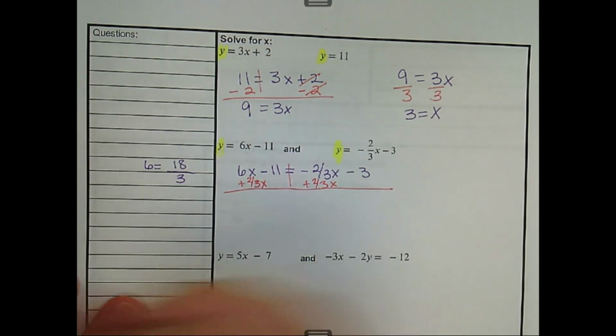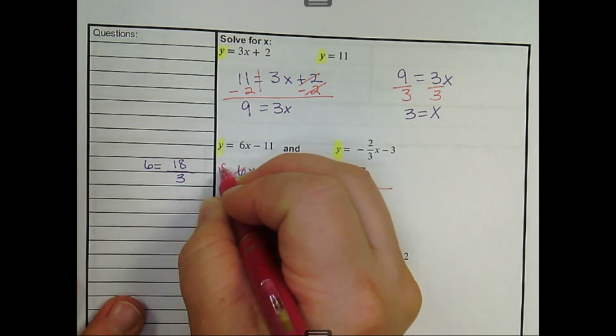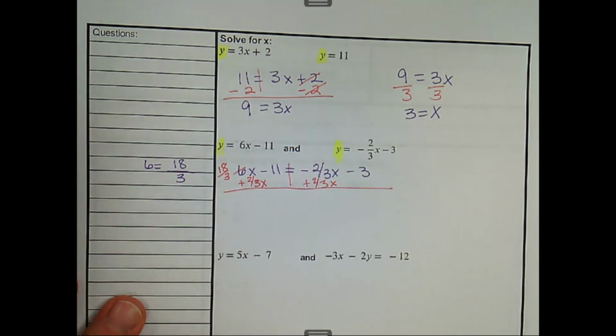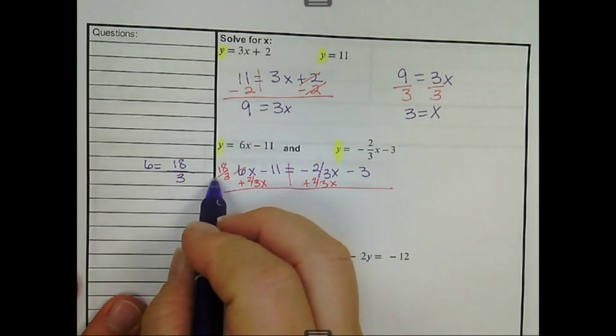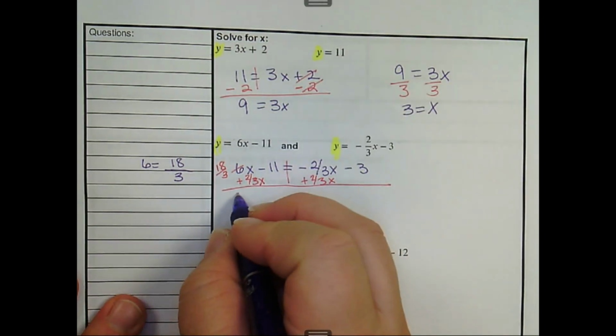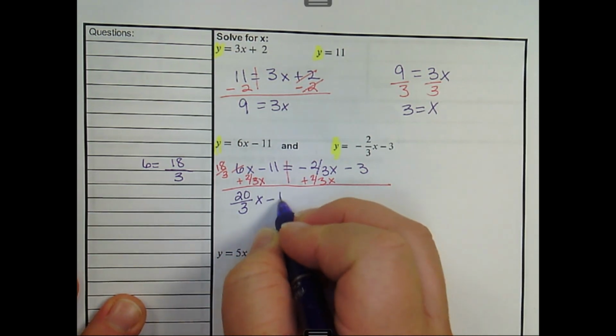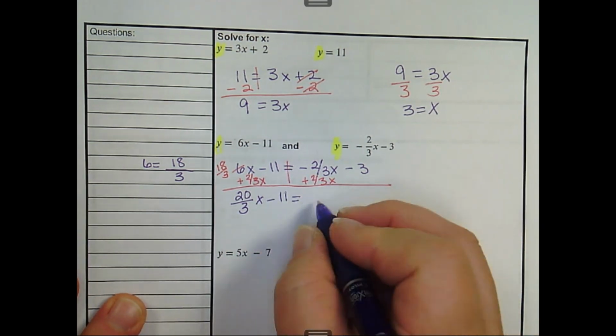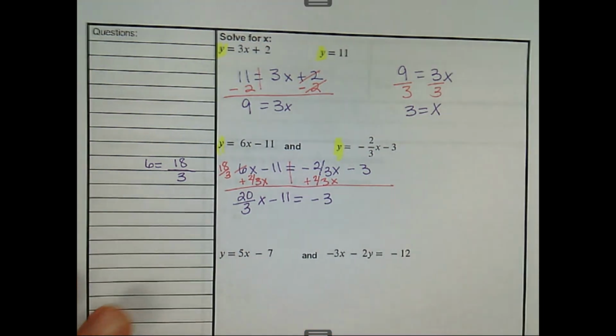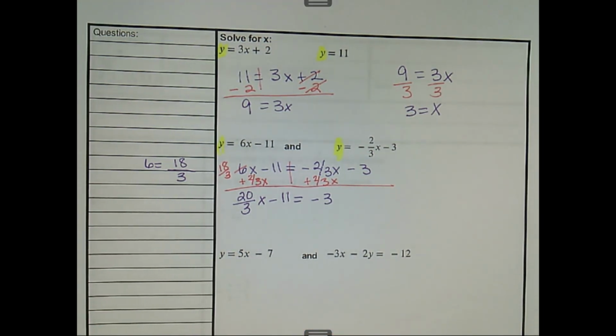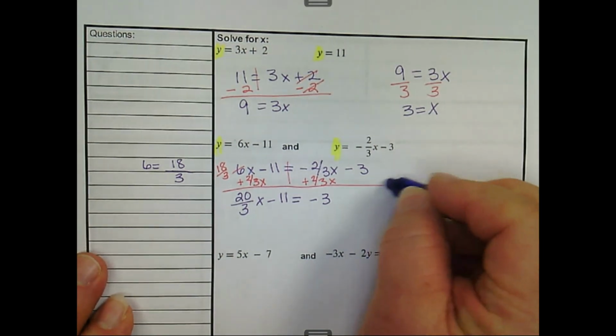So I know that this is 18 over 3. 18 over 3 plus 2 over 3 is 20 over 3 x minus 11 is equal to negative 3. Okay, now I'm ready to start solving.